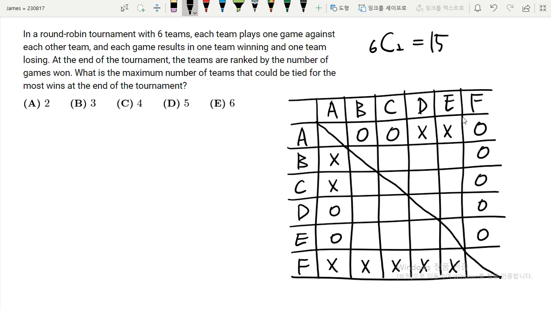And for B, C to D win. And now C must win D and E. And then they should do. What is going on here?